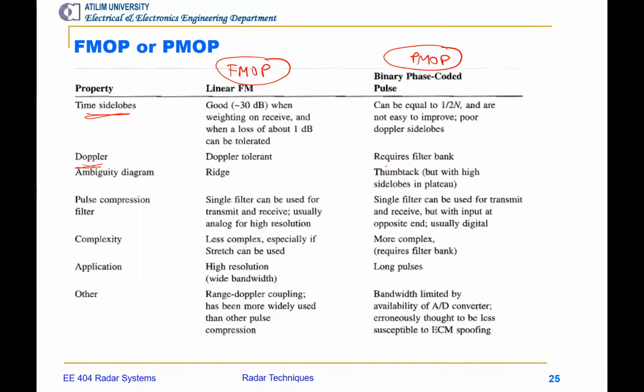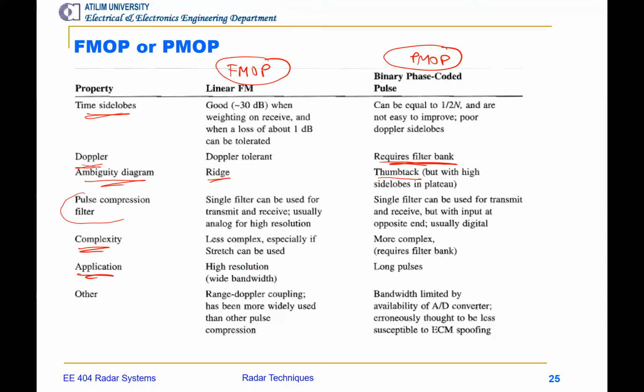There needs to be a filter bank and ambiguity function, but, sorry, in PMOP, a pulse compression filter, the properties of a pulse compression filter, complexity. You see, PMOP is more complex than FMOP.